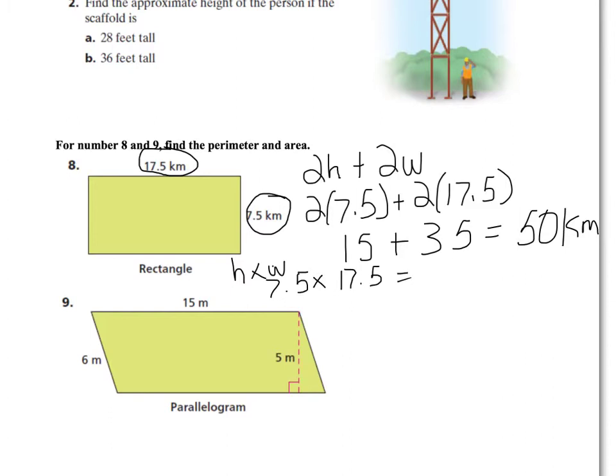So 7.5 times 17.5 equals 131.25, and that's going to be in a unit of kilometers squared.